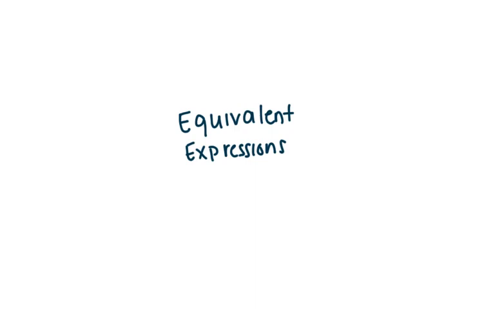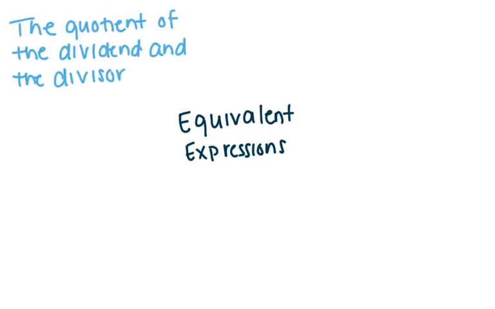So the first way is we can write it in words. So we can say the quotient of the dividend and the divisor. And the second way we can write it is by using the little bracket that we know. In this case, the divisor will go outside of that little bracket, and the dividend will go inside the bracket.